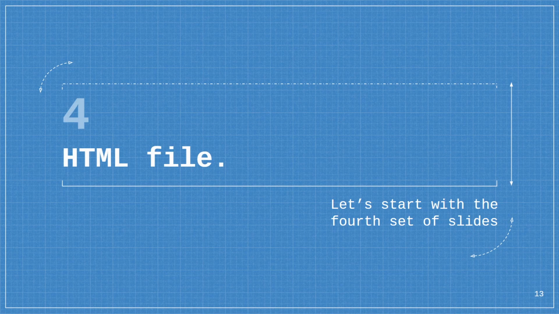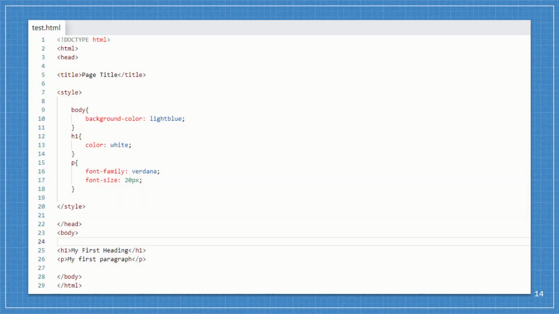So let's start off with the HTML file. This is what a full HTML file looks like, and it's a lot of information, so let's break this down. Of course, on the top, we have our doc type declaration as covered before. And just a quick side note, every HTML file is named like this up here.